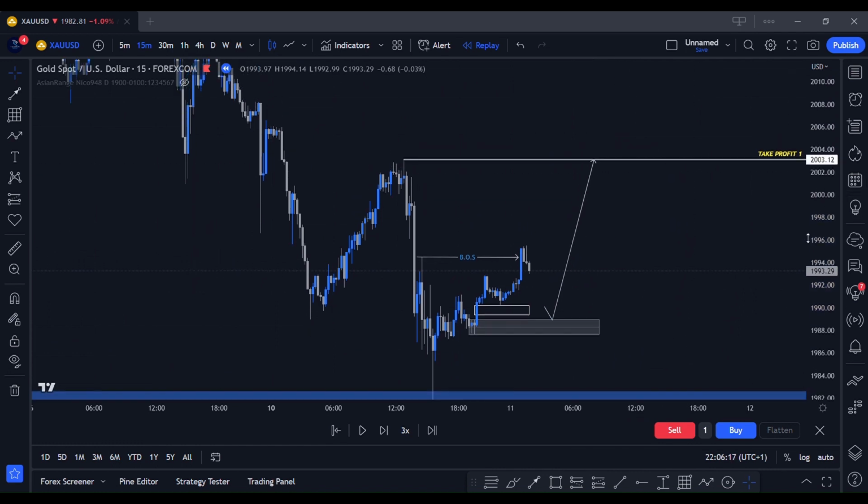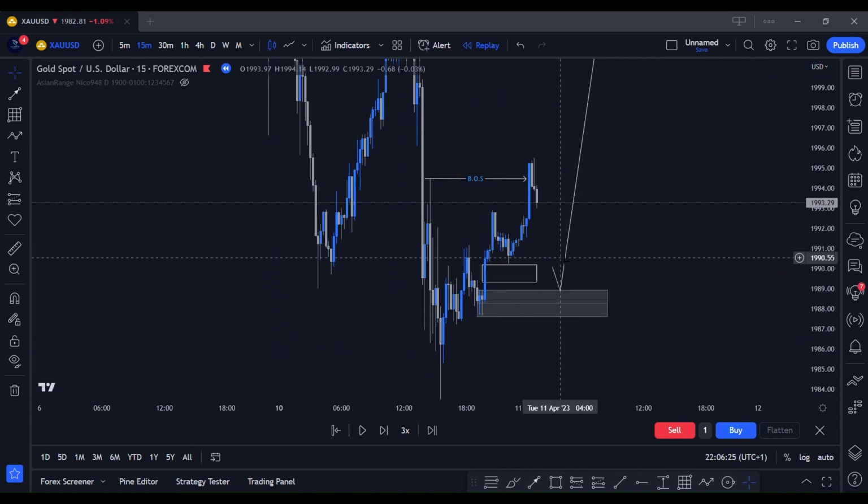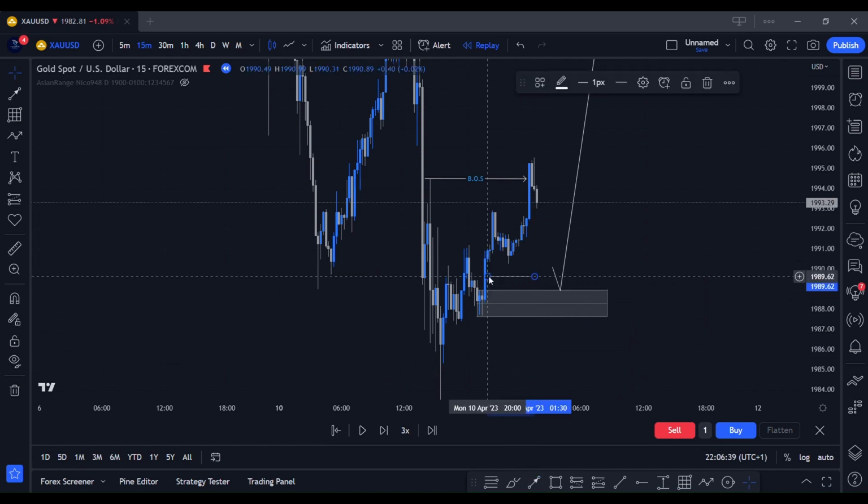My first take profit is the last swing that caused this huge downfall based on the high time frame here. So this is how I looked at it, and this is what I was observing, because it's very, very important to always understand the imbalances and liquidity, because these are the things that normally set advanced traders apart from beginners and intermediate traders.